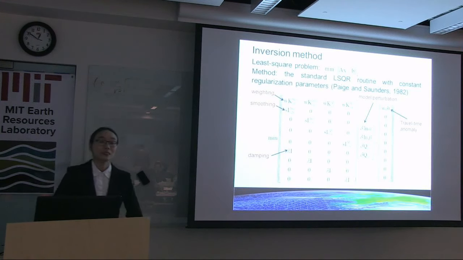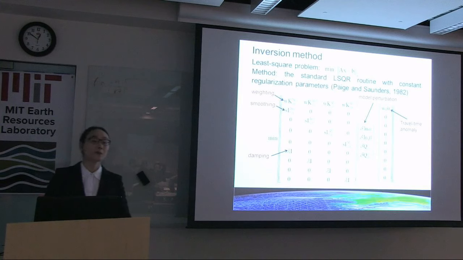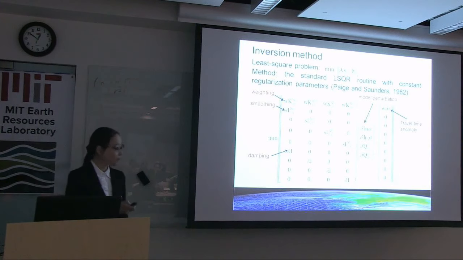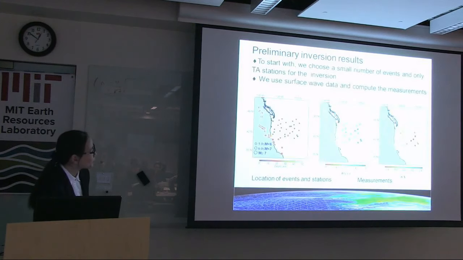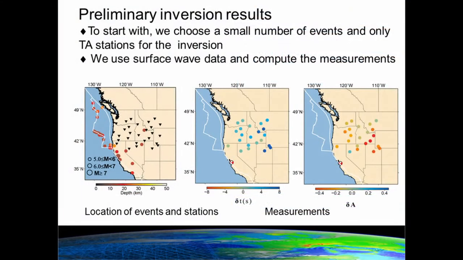My second question is, from the travel time you have 8 seconds, not 5 seconds, but for the inversion result you only have a few meters per second change. Yes. As you can see here, for the travel time difference we have a mean value of about 3 seconds.